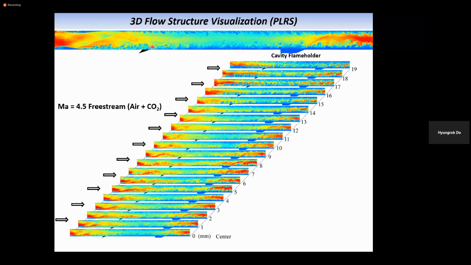And this is a color-coded image of the two-dimensional Rayleigh scattering. So you can clearly see the shock structures, and the shock-induced boundary layer separation and laminar to turbulent boundary layer transition are clearly investigated with this two-dimensional Rayleigh scattering measurement method.